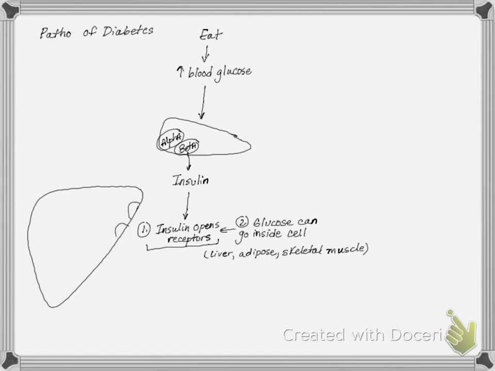And here's the receptors. Okay, so it allows insulin to go inside the cell. The liver, this is your liver here, it takes in the glucose and it stores glucose as glycogen.